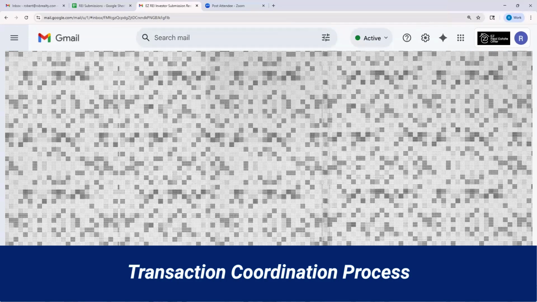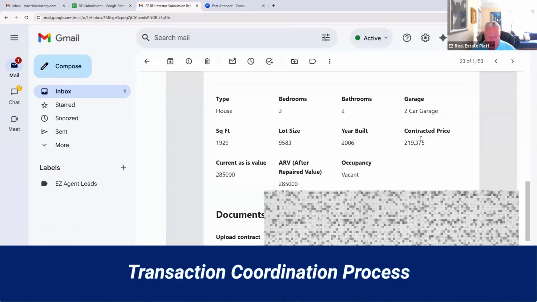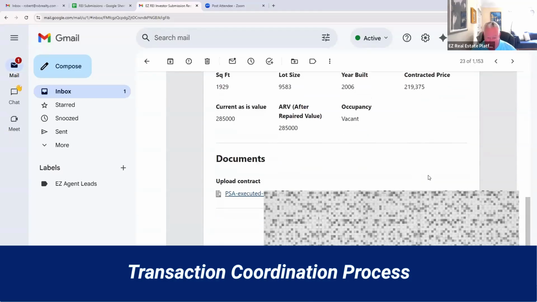Yeah, that's great. All right, so this was a home submitted by Zoreena. Down here, we get the seller's name, the seller's email, their phone number, and then the contracted price, the current value, the after repair value. So it's the same thing, which means that the home is probably pretty well done, or they've already done the work.